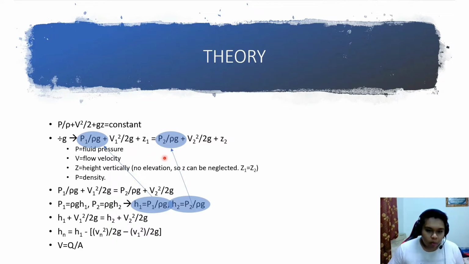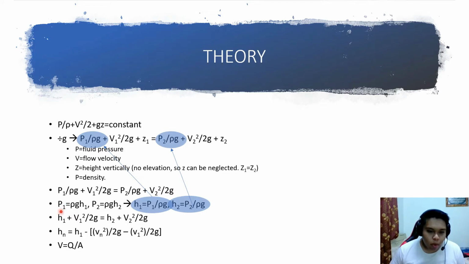In this experiment, there will be no difference in height, so Z1 will be equal to Z2, therefore we can ignore the Z component here. So we will be left with this equation: P1 over ρg plus V1 squared over 2g equals P2 over ρg plus V2 squared over 2g.